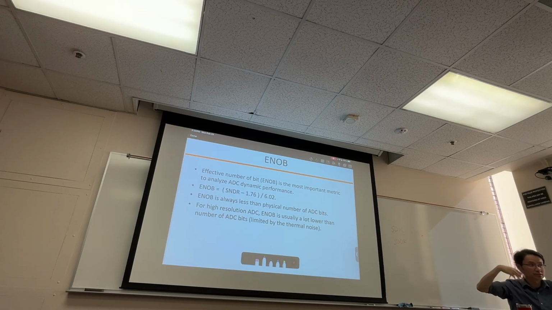A lot of times you just cannot do that. Generally, when N is higher, you see more gap between ENOB and N. But for lower bits, you can typically match the ENOB to the number of bits, usually within 1 bit. For high resolution ADCs, ENOB is usually a lot worse because you are limited by thermal noise.